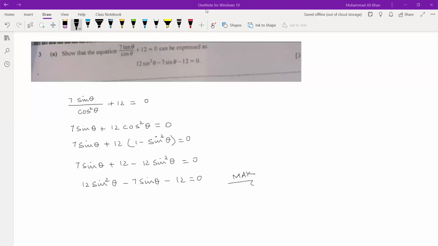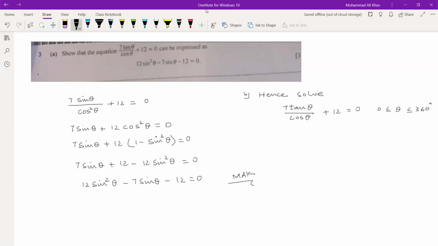Now, the B part of question number 3 is, hence solve the equation 7 tan theta over cos theta plus 12 equals to 0, from 0 to 360 degrees.